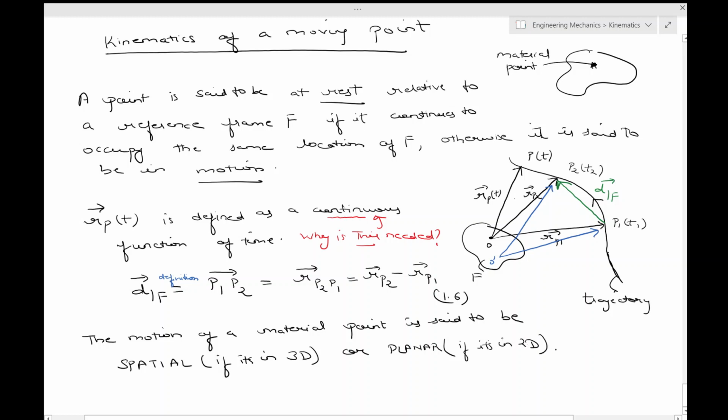When we defined the displacement as this vector P1 P2, we referred to a general one. It's not planar or spatial as such. It can be anything.